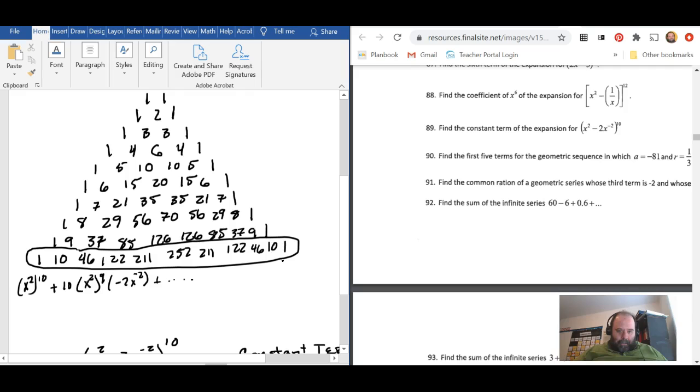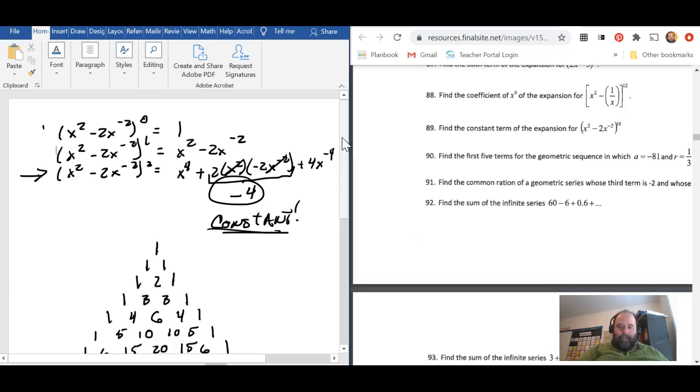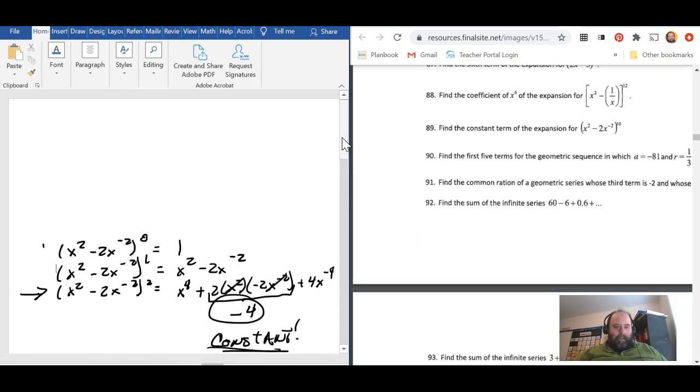All right, so let's look down here. The middle term would have a coefficient of 252. That term is going to be 252, and then we take x squared; the middle term would be 5 and 5, so that's x squared to the 5th. Then we take negative 2 x to the negative 2 to the 5th.